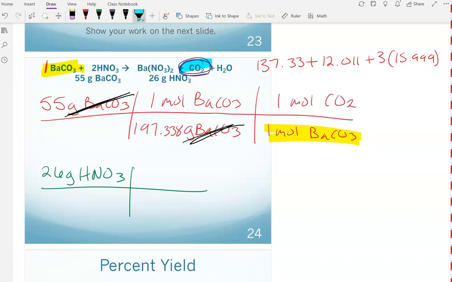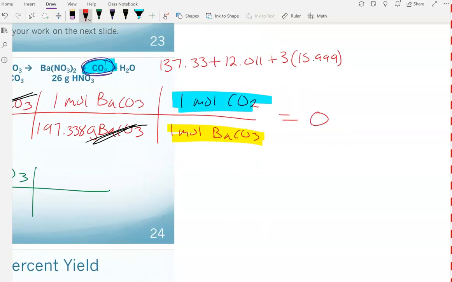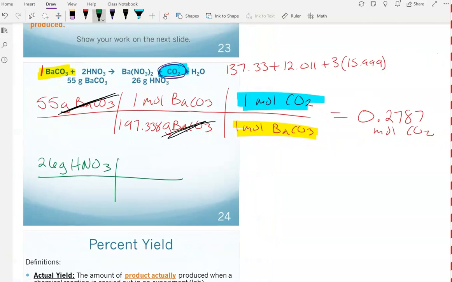And we have 1 mole of CO2. So now, because luckily they're all 1s, I just do 55 times 1 times 1 divided by the bottom, which is 197.338. So I'm going to go 4 sig figs, so 0.2787 moles of CO2. That's how many moles of CO2 this would make.